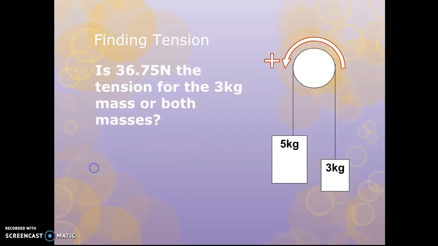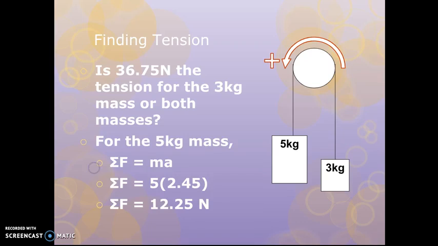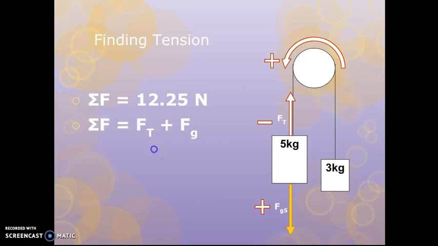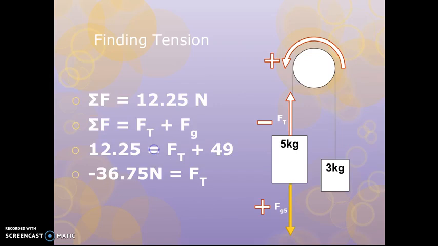Do you think that's going to be the same for both of them? Well, we already said that since it's the same rope, they should have the same tension, but we can prove it. If we use the 5 kilogram mass, we get a net force of 12.25 newtons. If we go ahead and write our net force equation just for the 5 kilogram mass and plug our values in, we get a value of negative 36.75 newtons.